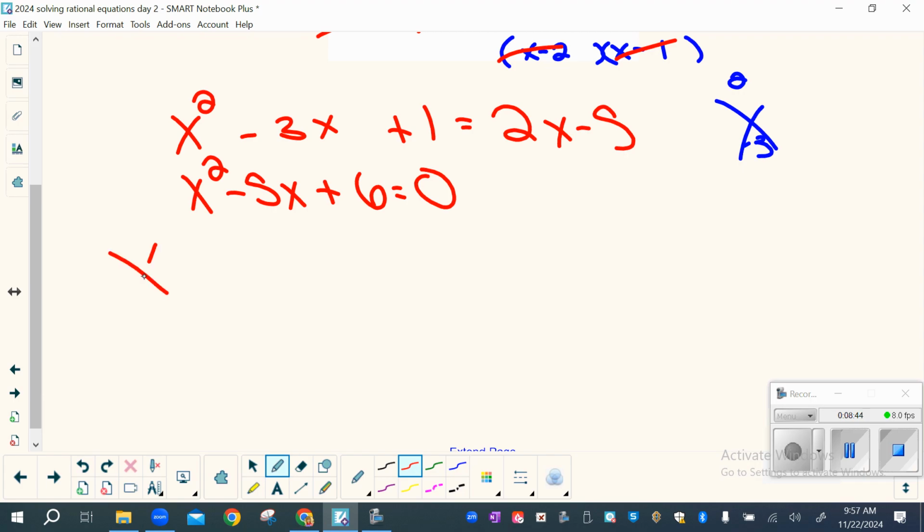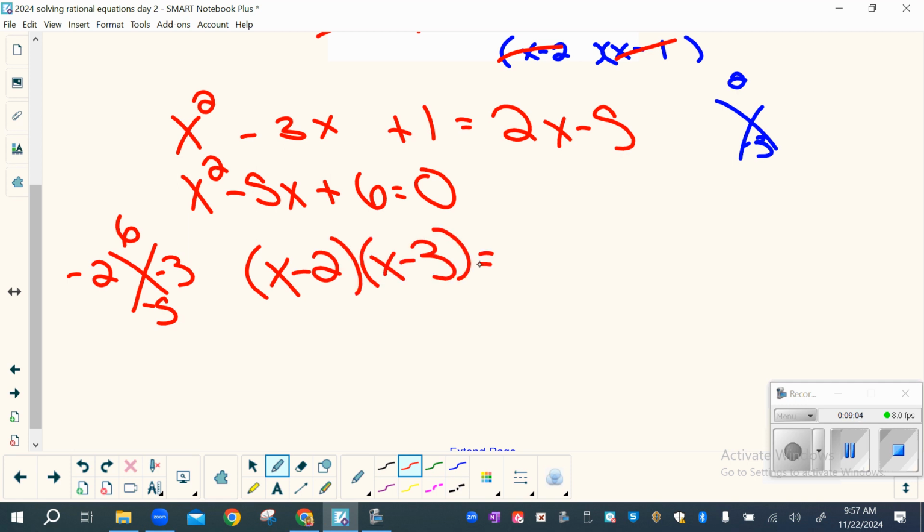Factors of positive 6 that make -5 are two numbers with the same sign. So it's not 6 and 1. It's -2 and -3. Are you guys cool with that? So here we go: x minus 2, x minus 3. Our answers are 2 and 3.